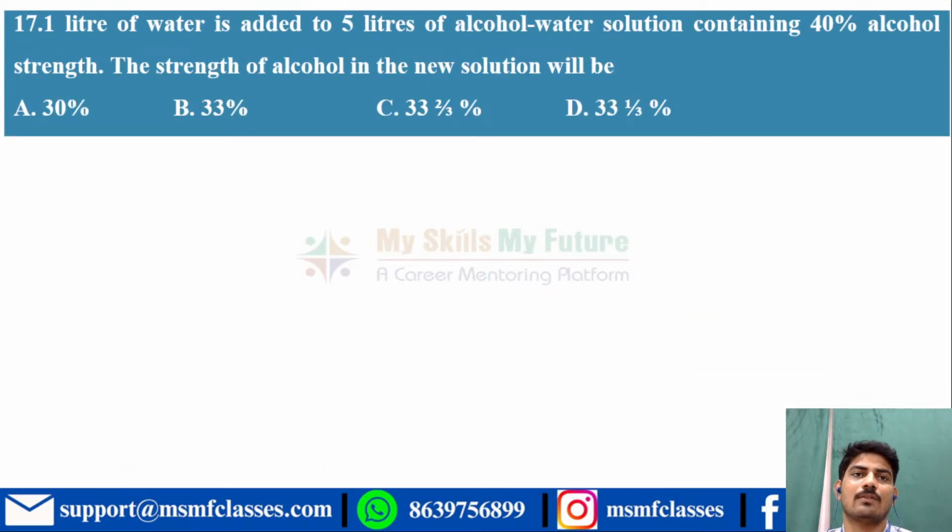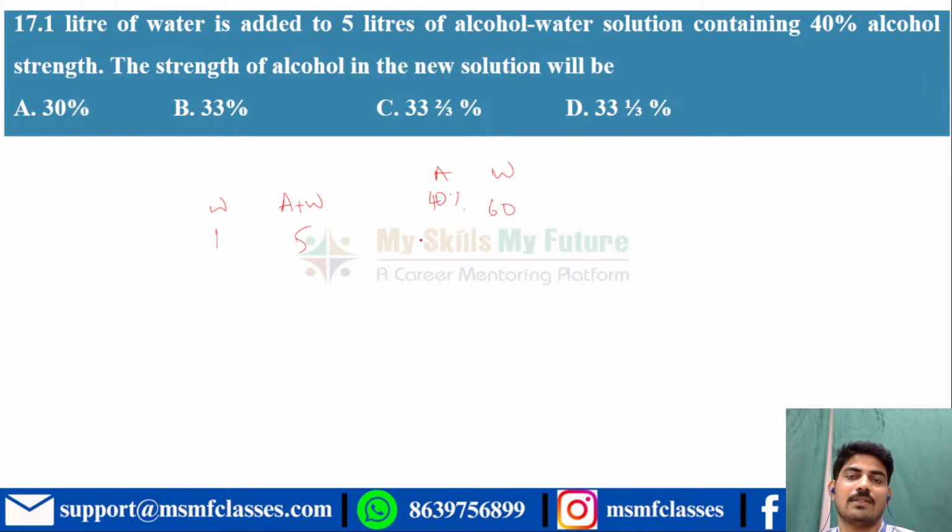Okay, try to solve this question. This will be from the alligation, mixtures and alligations topic. What is given in the question is 1 liter of water is added to 5 liters of alcohol and water mixture, containing 40 percentage alcohol and the remaining will be water.